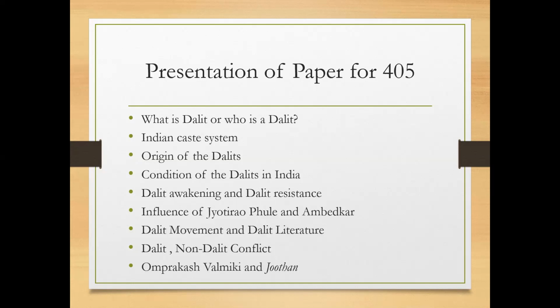Then you have to come to the Dalit movement and Dalit literature. I have already discussed the Dalit and non-Dalit conflict, that is, the writings produced by non-Dalit writers. And finally, you have to discuss your text, Jutan, and Om Prakash Valmiki and his consciousness in the light of all these things you have mentioned in your paper.